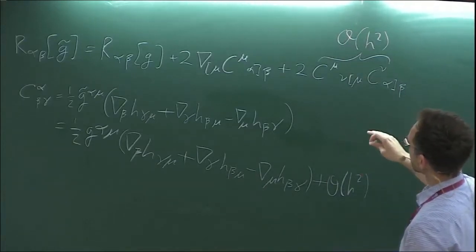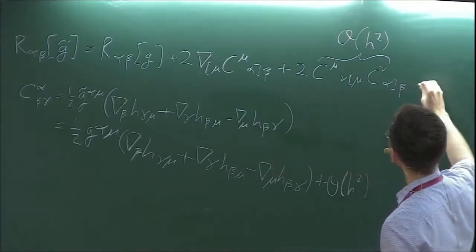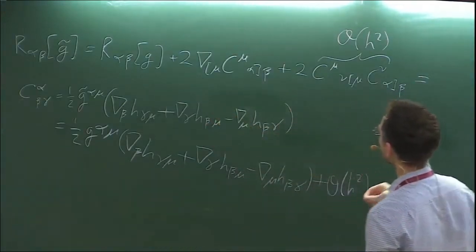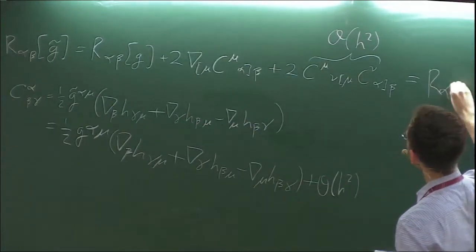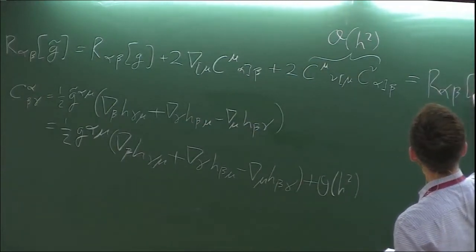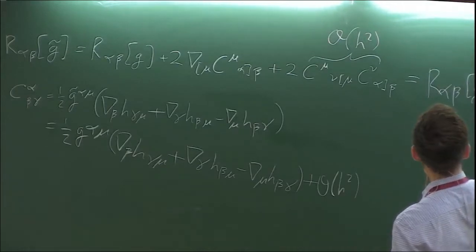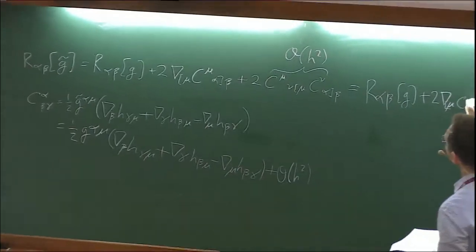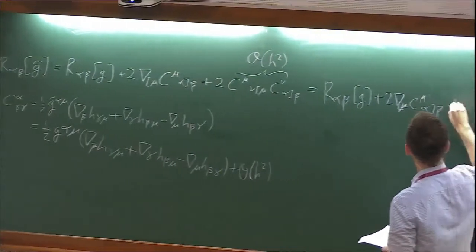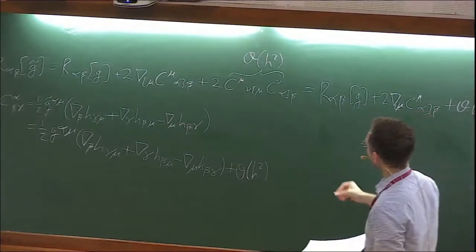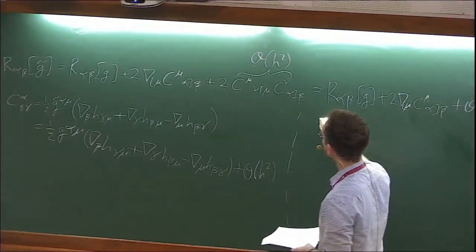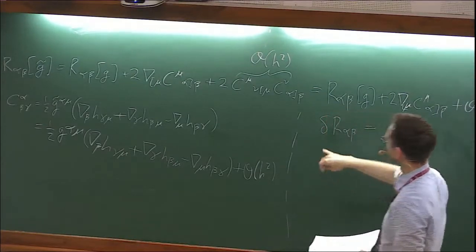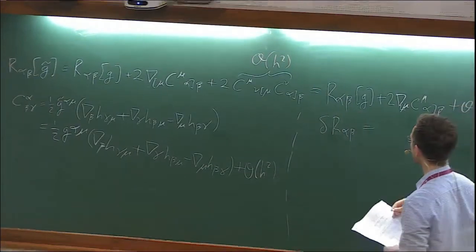So if we want to pick off just the linear approximation to the Einstein equation, well then we just need this first term and the second term. Okay, so we're denoting the linear piece of a quantity with this delta, this linear variation.